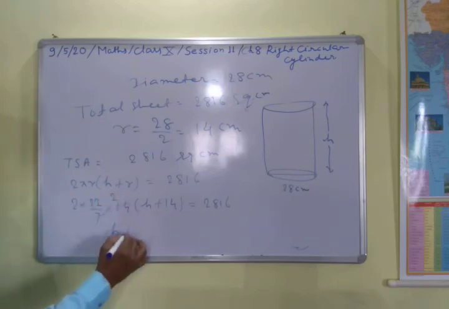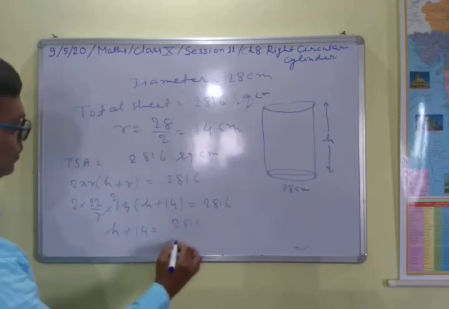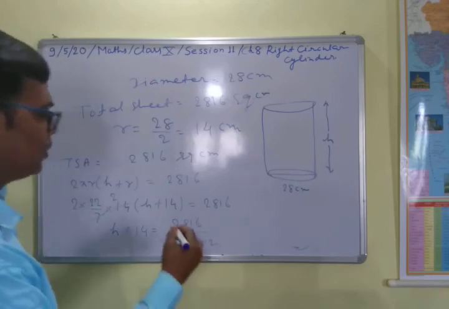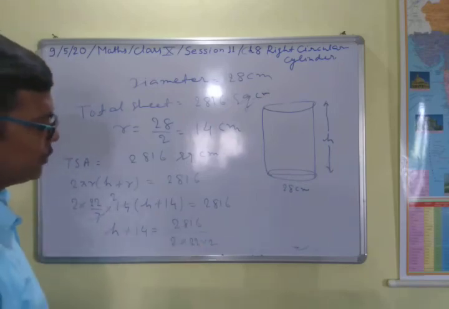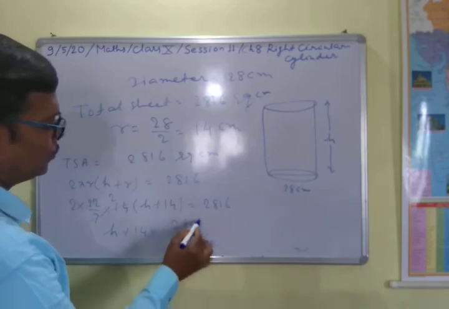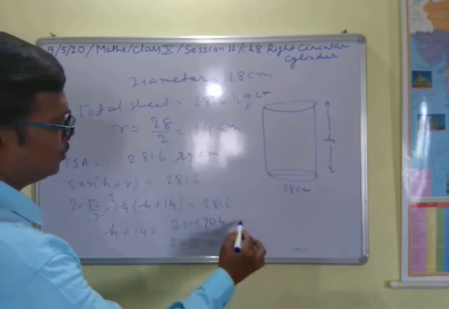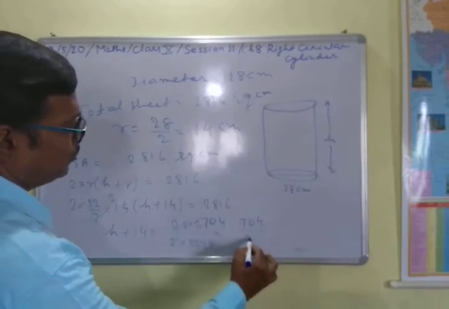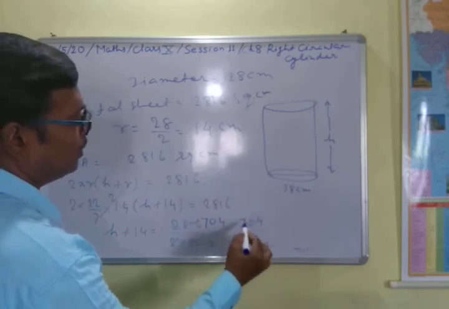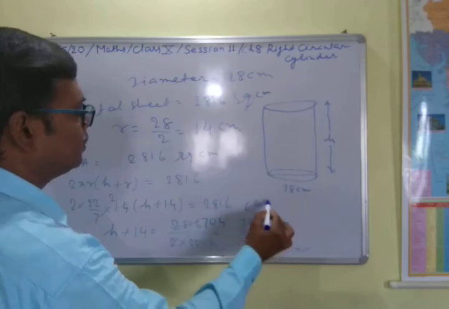So you have H plus 14 equal to 2816 by 2 into 22 into 2. Now we will cut this, and then we will have some value here. So cut this, 2 to the 4, and 4 7s are 28, and 4 0, and 4 4s are 16. So 704 by 22, and this will also go by 11: 11 2s are 22, and 11 6s are 66, and 4, then it will be 32.